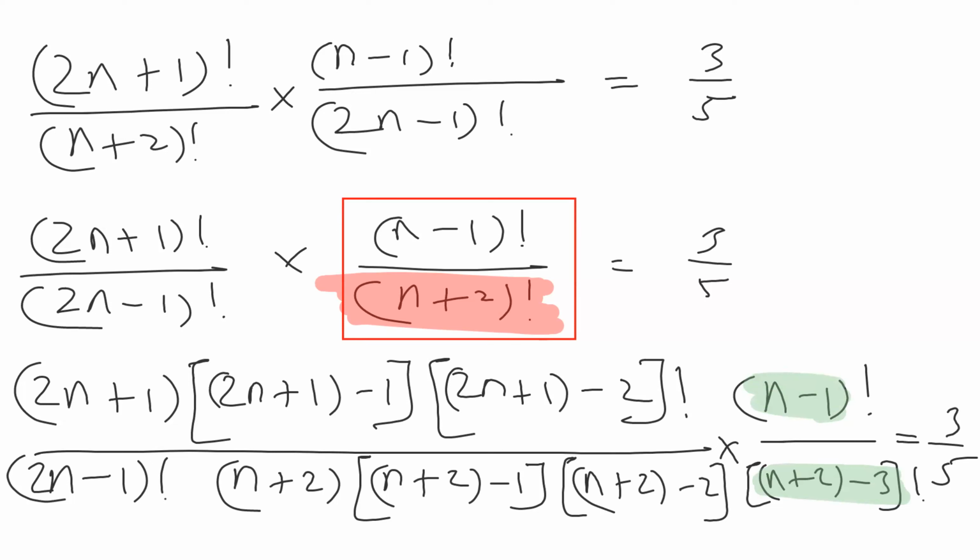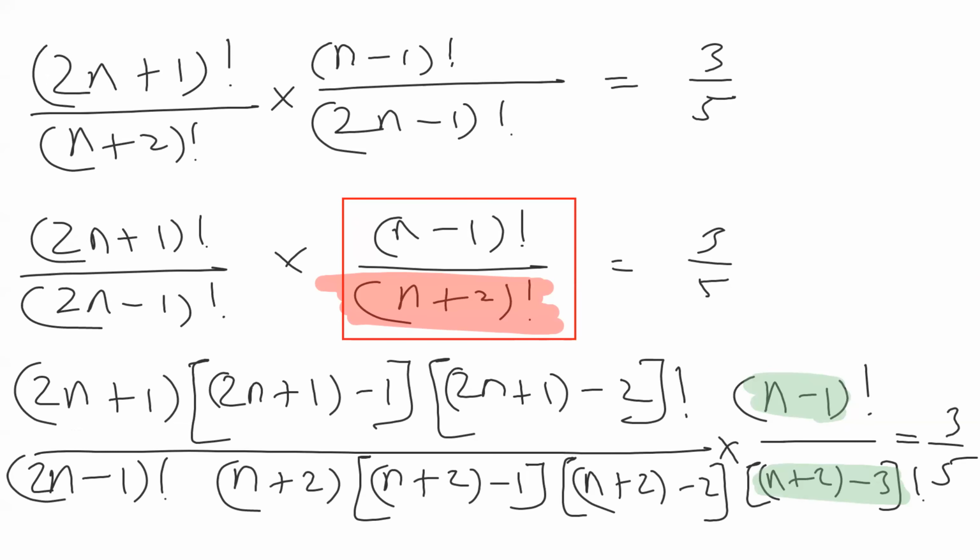Okay. Now I'll simplify all the terms for better understanding. So this is 2n plus 1. So 2n plus 1 into 2n. This is 2n. Okay. 1 and 1 is gone.